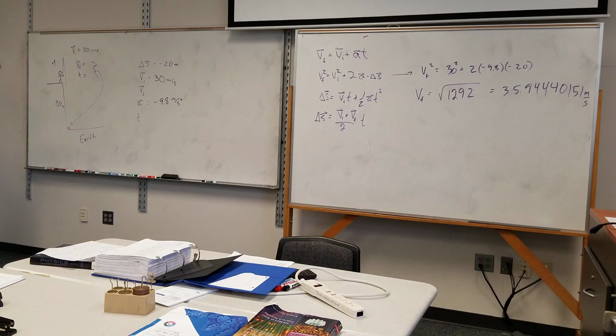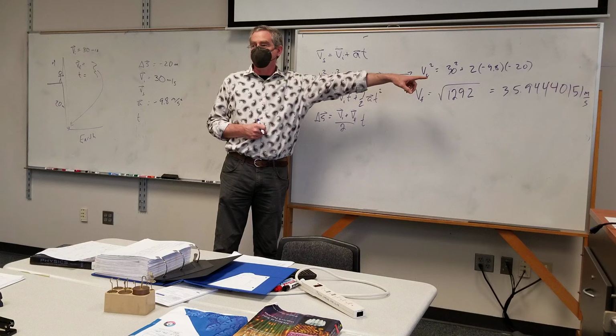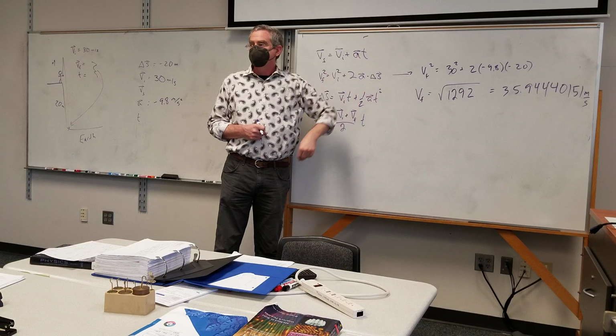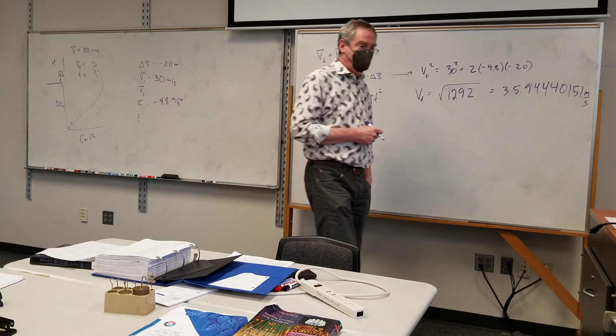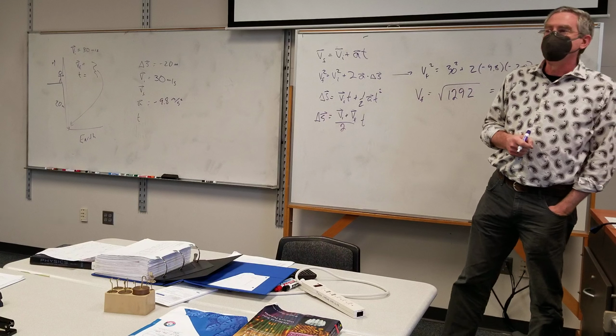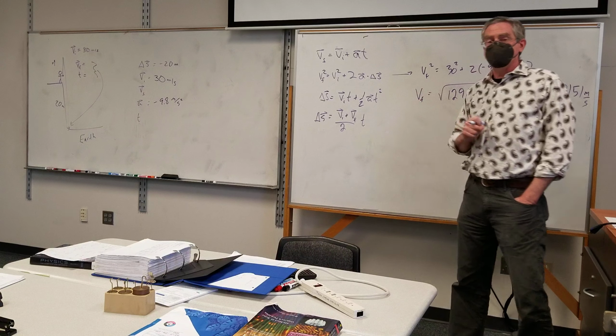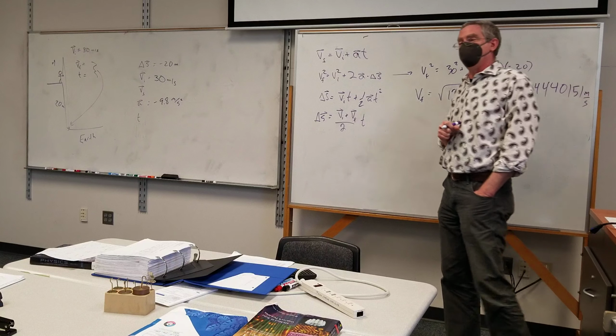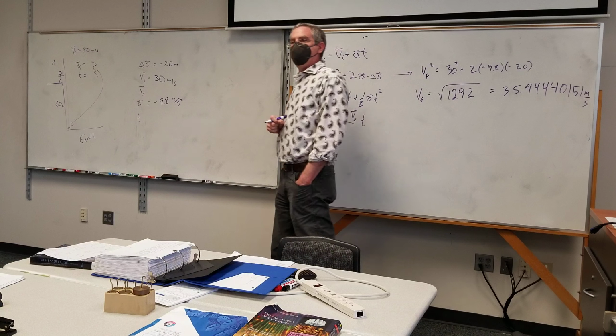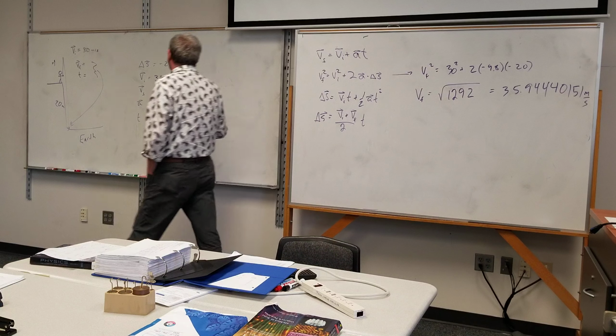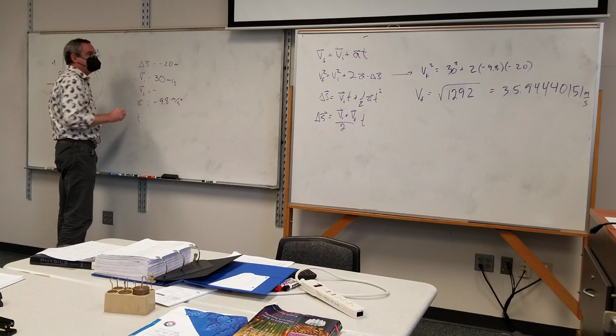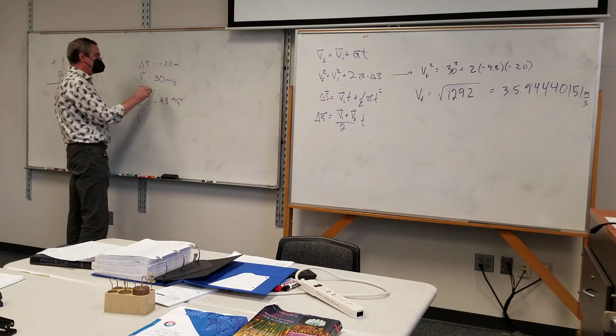You could have made the argument that we don't need the units yet because we haven't actually answered the question. What is the answer to the question? That's our final speed. The question is, what's the final velocity? It would be negative.